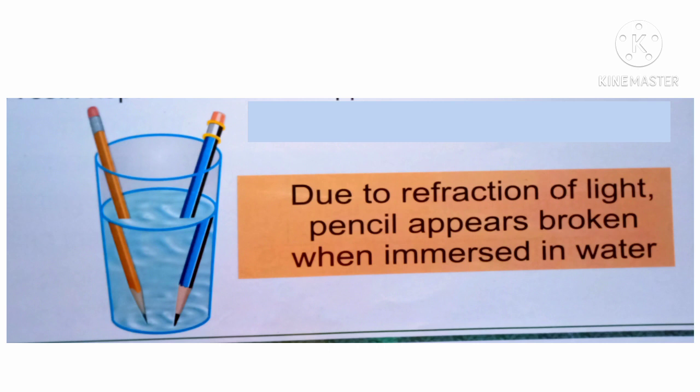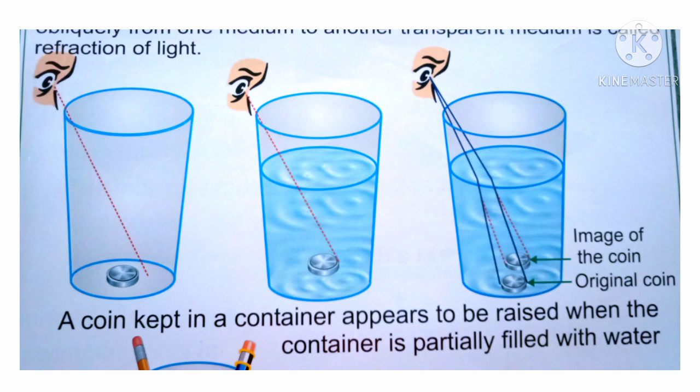So from this activity we can say that due to refraction of light, a pencil appears broken when immersed in water. Similarly, due to refraction, a coin kept in a container appears to be raised when the container is partially filled with water.